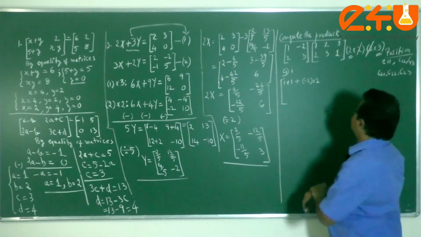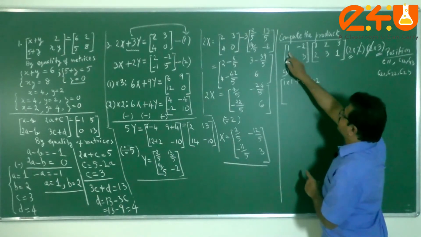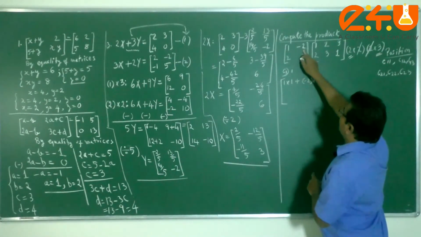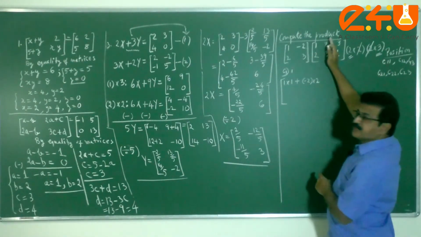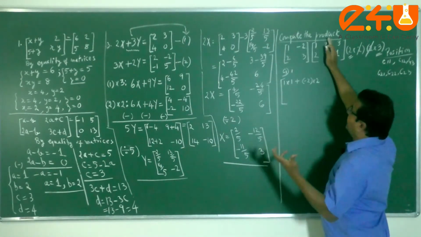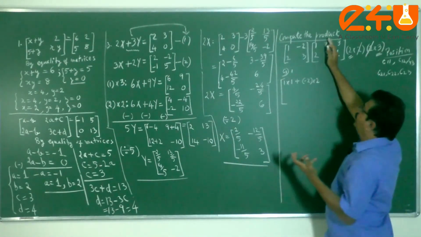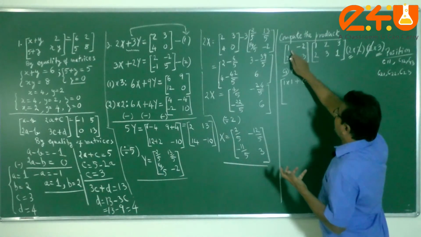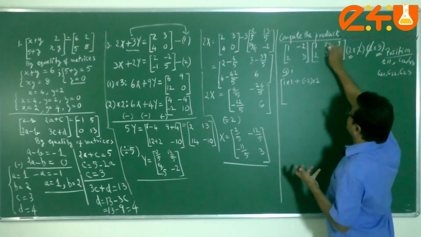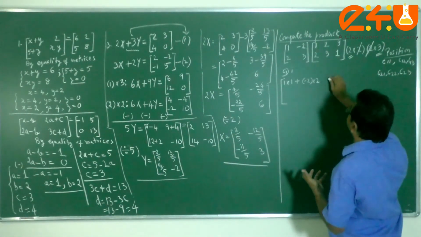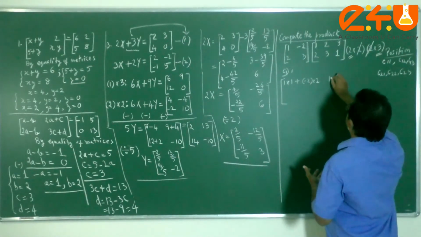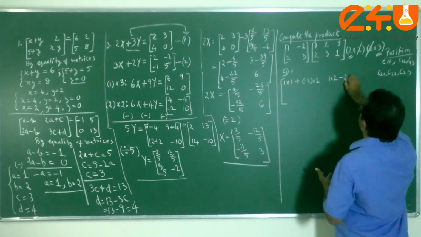When I say C12, you are still with row 1 from the first matrix. Now column 2 of the second matrix, and get prepared to multiply the correct pair: 1 paired with 2, minus 2 paired with 3.